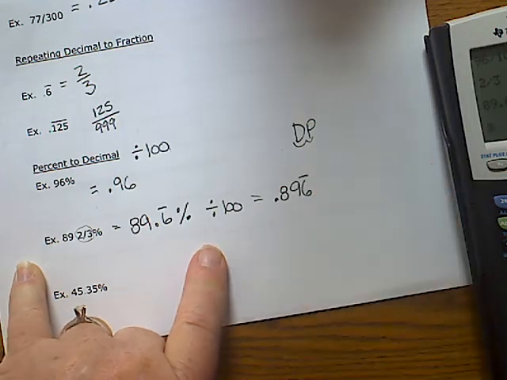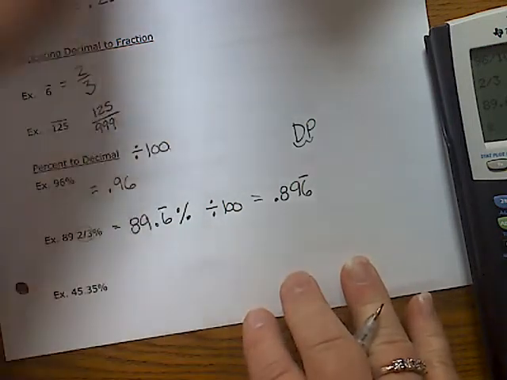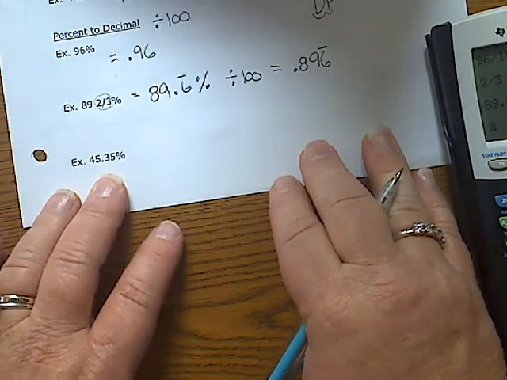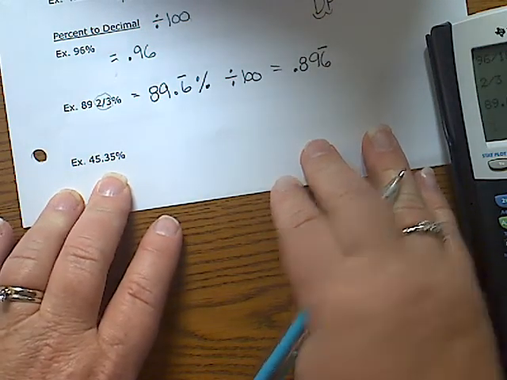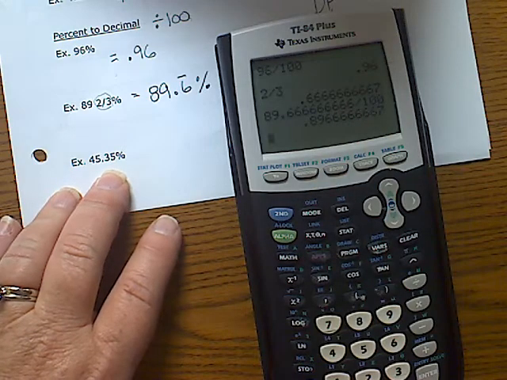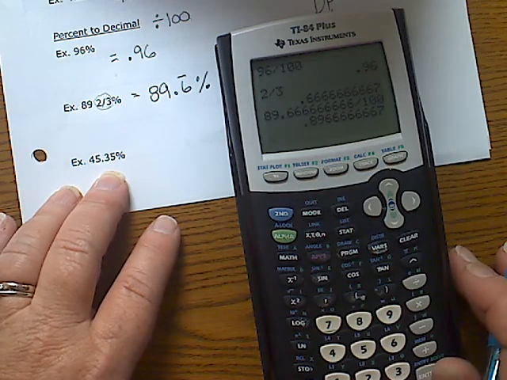The 6 repeats. Now, you could write that as, now, let's leave it there, okay? Just like that. All right, now we have 45.35%, okay? Fairly simple. We just drop the percent sign, but we still have to divide by 100.